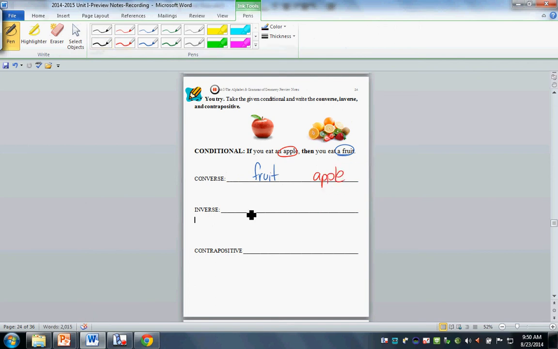The inverse is not apple, and therefore not fruit. Contrapositive is going to be switch and negate, so it's not fruit and not apple.